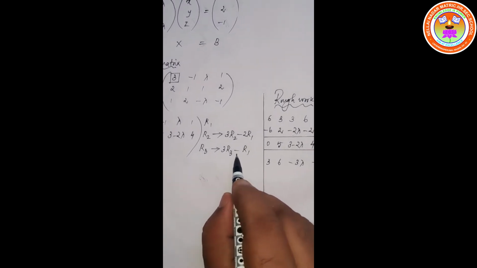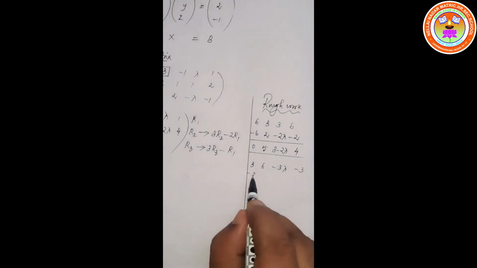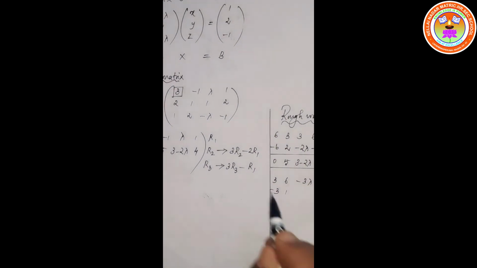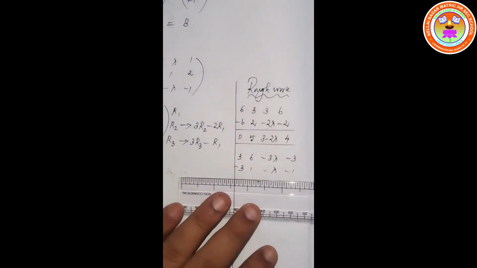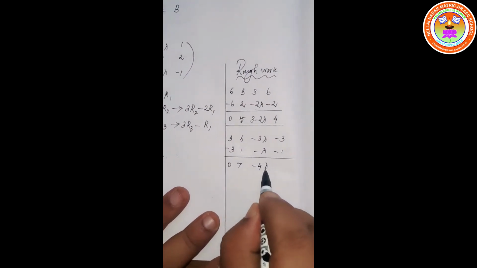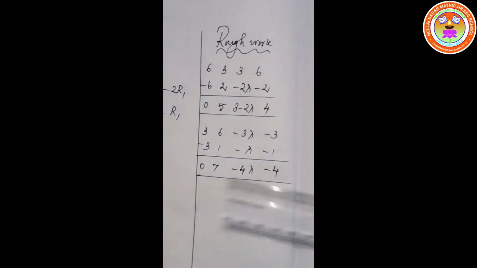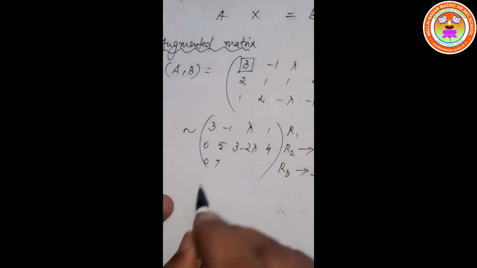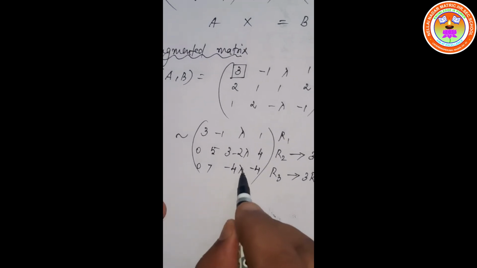Multiply R1 by minus, just to change the sign. Minus 3, plus 1, minus lambda, minus 1. 0, 7, minus 4 lambda, minus 4.